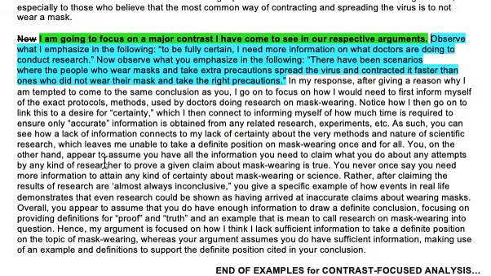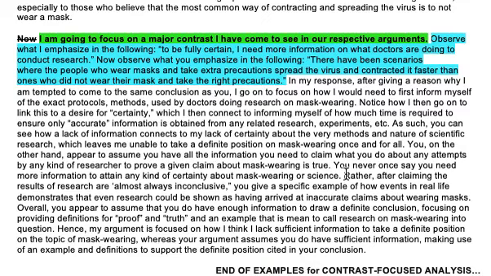You, on the other hand, appear to assume, using hedges, I've already talked about hedges in other videos, all the information needed to claim what you do about any attempts by any kind of researcher to prove a given claim about mask wearing is true. Again, notice how the writer is not merely repeating what the peer says, they're offering an interpretation.